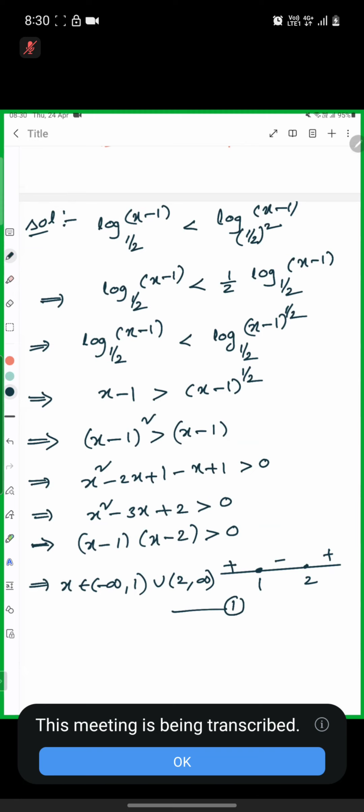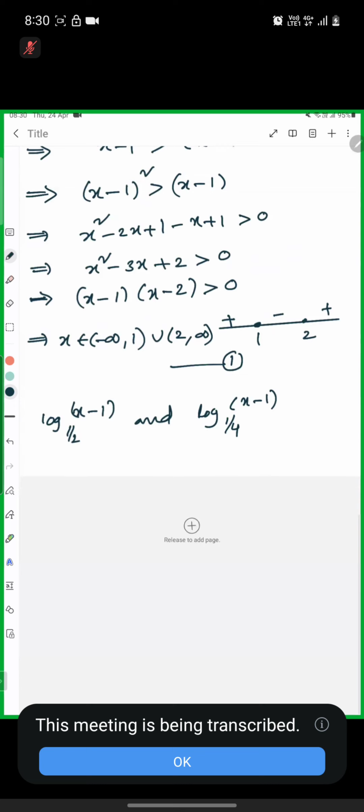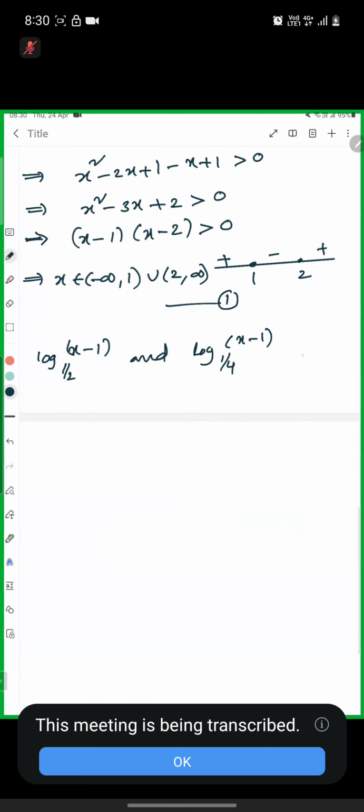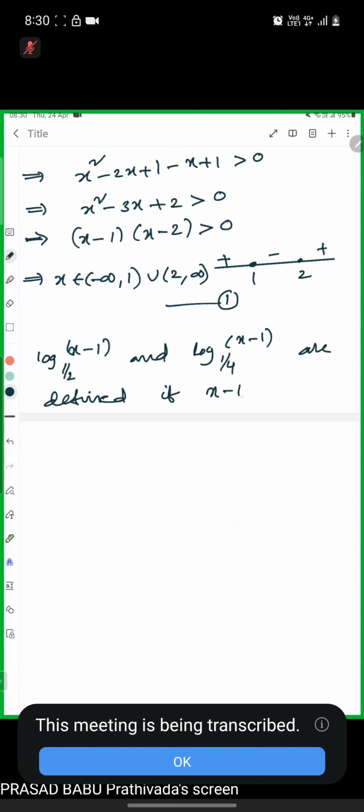But to define the logarithmic functions in the inequality, what are the logarithmic functions we have? Log of x minus 1 to base 1 by 2 and log of x minus 1 to base 1 by 4. These two are defined when x minus 1 is greater than 0.